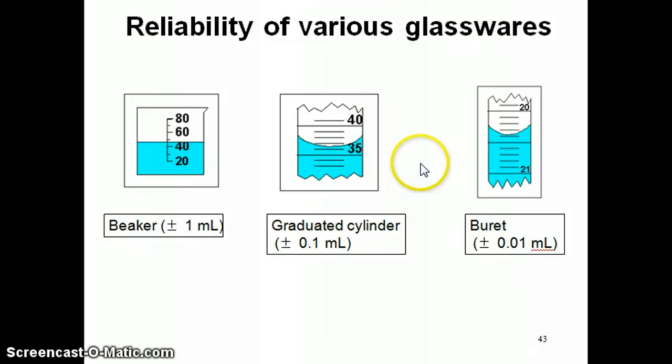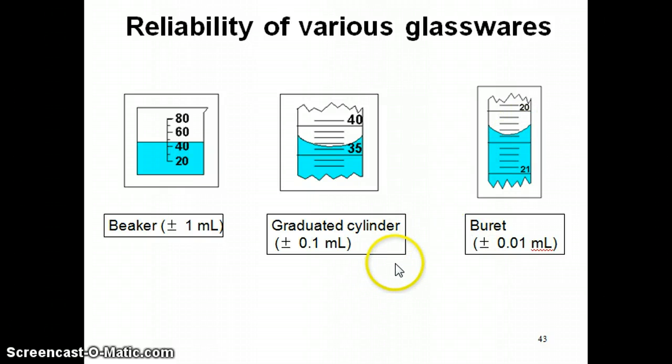Because you know that, for example, in the case of the burette here, if you look at this carefully, the volume is between 20.3 and 20.4. So you know for sure it's 20.3, perhaps 20.39 in this case, or 20.38 milliliters. The same volume, if placed in a beaker, would be somewhere between 20 and 30, so you might say it's 25, but it's very different than 20.38, okay?